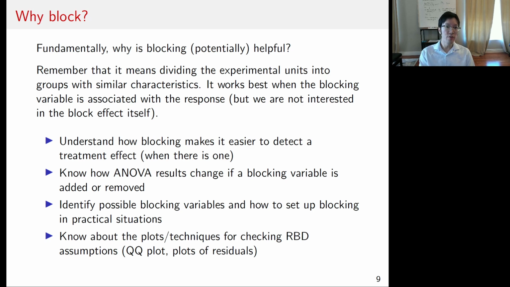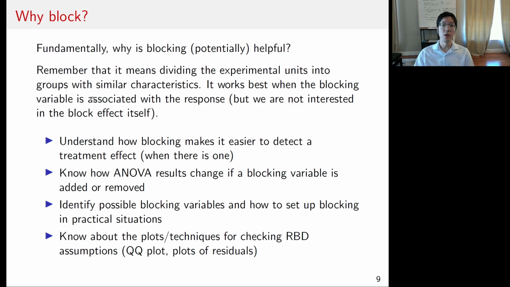Okay, and so I've talked about this already, but this is an important point that's worth emphasizing. So why do we do blocking? Fundamentally, how we set up blocks is we're dividing our experimental units into groups. Okay, and these groups share some characteristics. And so it's going to work best when this characteristic helps explain some of the variability in the response. And as we mentioned, that will help reduce the residual sum of squares.